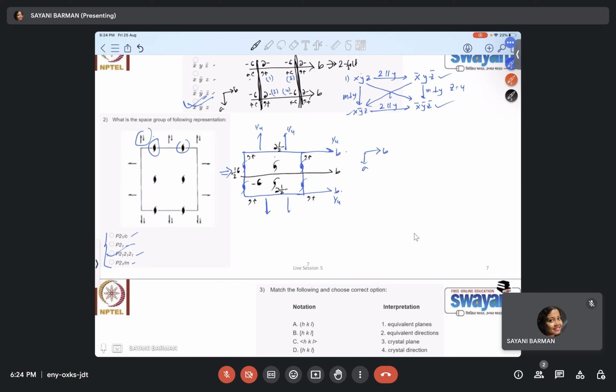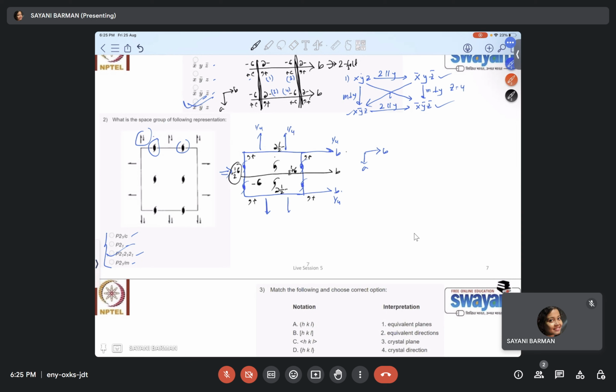Now this one is outside of the unit cell, and if I want to include it inside the unit cell, we can just add +1, and it will come here.